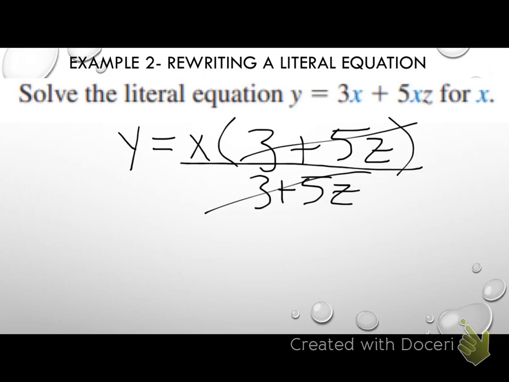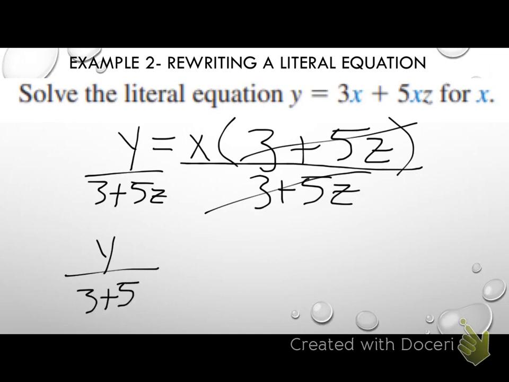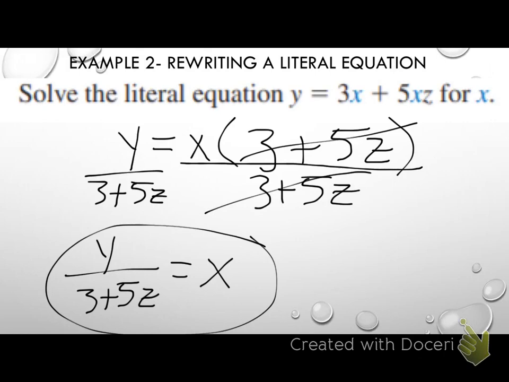Whatever I do to one side of the equation, I've got to do to the other. There's my answer. I can't do anything else with that, so there's my answer.